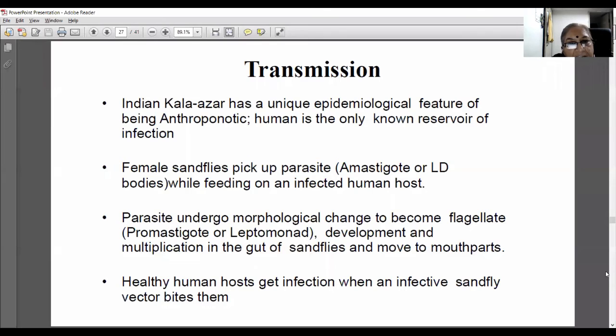The parasite undergoes morphological changes to become flagellates, that is, promastigote or leptomonad forms. Development and multiplication take place in the gut of the sandflies and move to the mouth parts. Healthy human hosts get infection when an infective sandfly vector bites them.